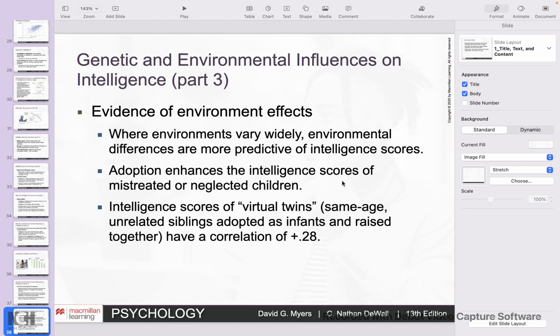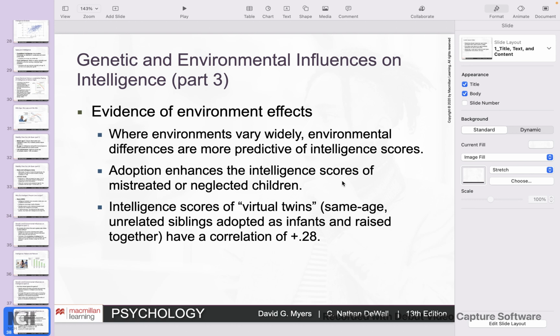We also can look at studies of the intelligence scores of virtual twins. They're same-age, unrelated siblings who are adopted as infants and raised together, and they have a correlation of 0.20. That's not too far away from what we saw in terms of genetic variability.